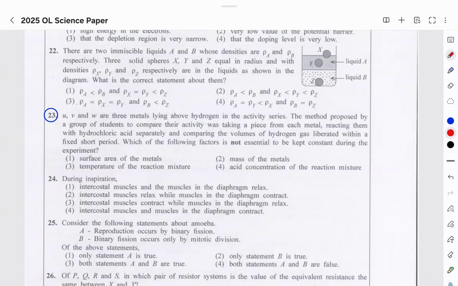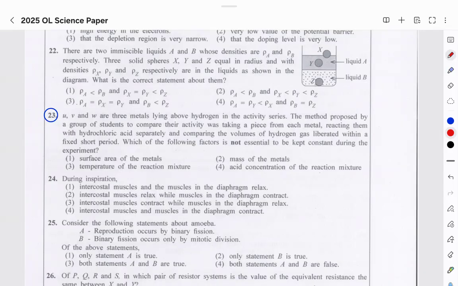The method proposed by a group of students to compare their activity was taking a piece from each metal, reacting them with hydrochloric acid separately, and comparing the volumes of hydrogen gas liberated within a fixed short period. Which of the following factors is not essential to keep constant during the experiment?